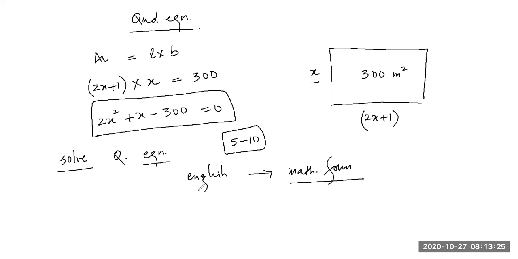Before just getting on to solving the quadratic equations, learn how to convert the statement in English into the mathematical form. So this will be your first step to become a researcher tomorrow.